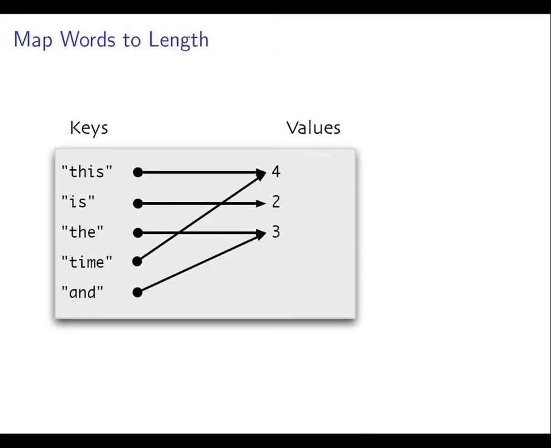There's nothing stopping you having different keys pointing at the same value, and that will happen, for example, if we map words to their length. We see that we've got this and time, both of which are strings of length 4, and so the value associated with key this is 4, and the value associated with key time is also 4. Nothing wrong with that.